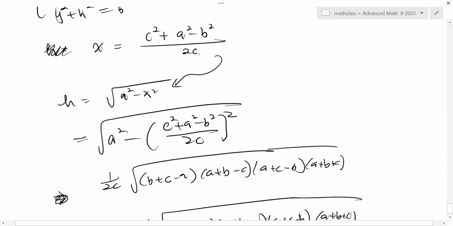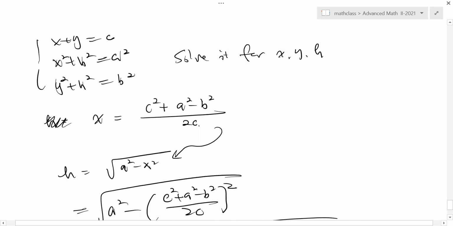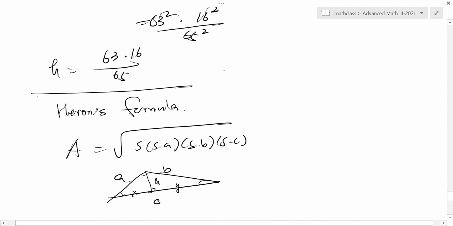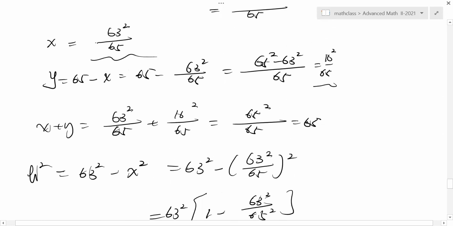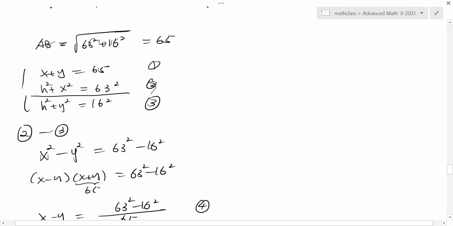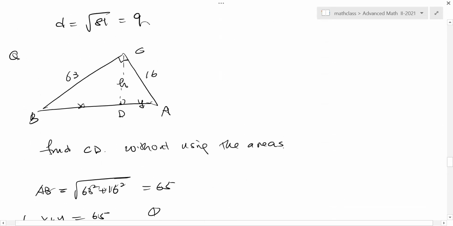So if you learn the formula, you have to ask yourself, are you able to derive it by yourself? I use the same idea as what we did for the last problem. We are trying to find the height h, or find the area. If this side is 5, without using Heron's formula, all I have to do is find h.